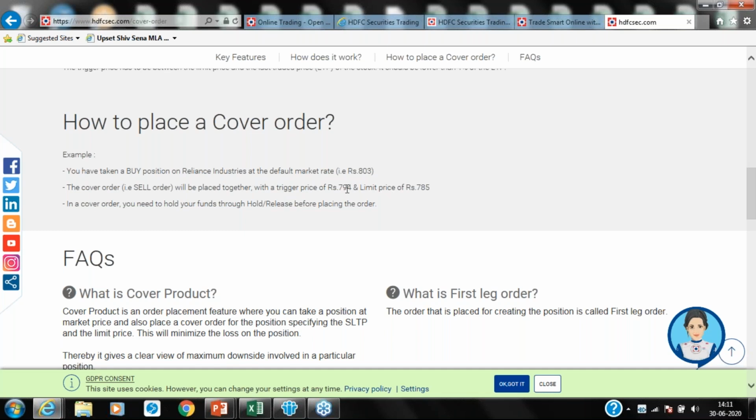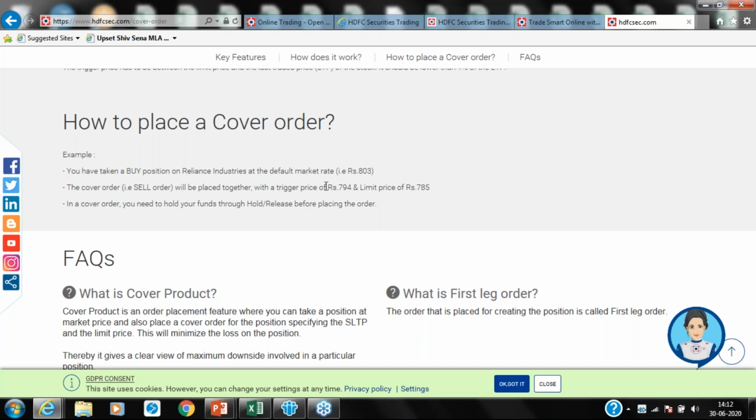This means the stop loss will get triggered at 794 and it will be placed between 794 and 785, just like a normal stop loss order. The only difference is that this stop loss order will go with the first order. So while placing the first order itself, you will have to define your stop loss order, and that is the reason why you will get a higher leverage.